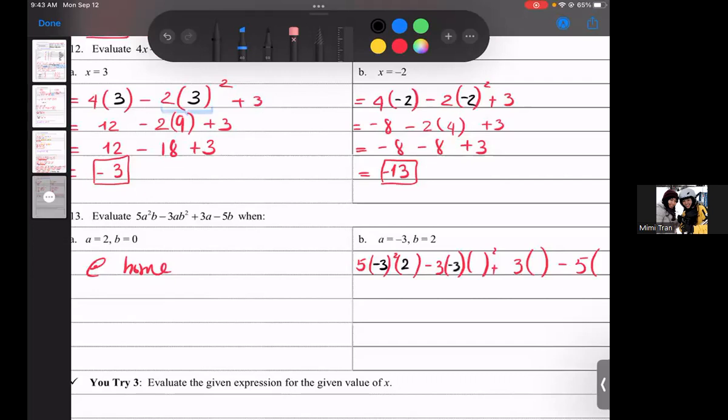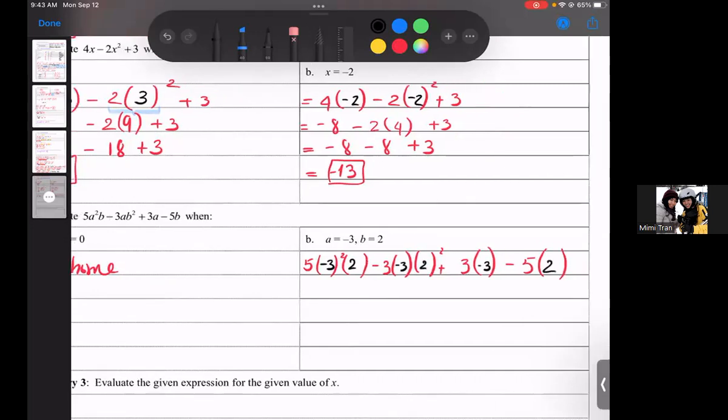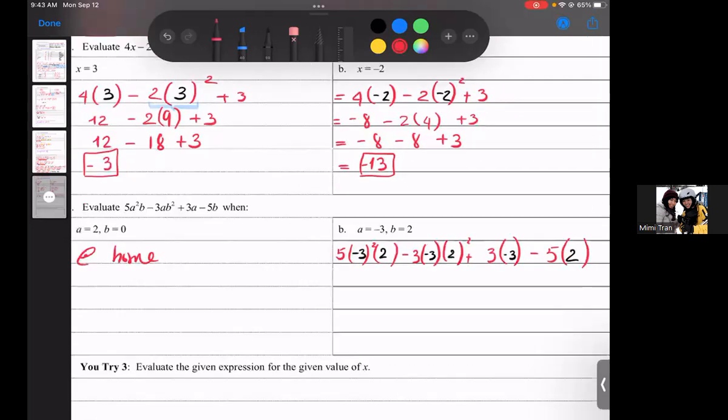Negative 3 squared equals 9, not negative 9. Times 2. 5 times 9 times 2, use a calculator, 90. 5 times 2 is 10. 10 times 9 is 90.